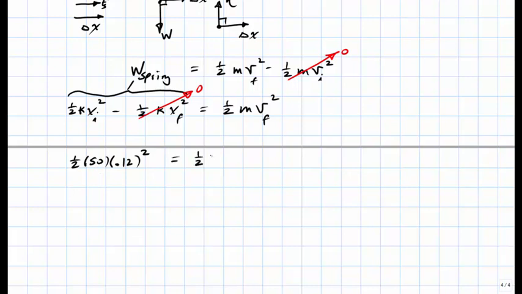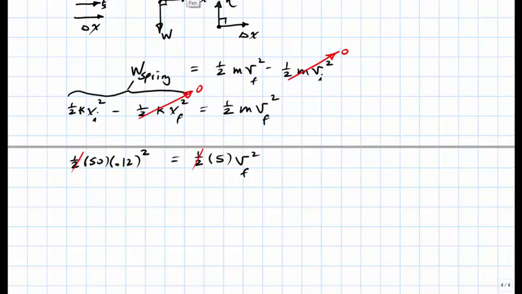That will equal 1/2. The mass of the object is 5 kilograms, and we're trying to solve for the final velocity, and you can see that this is a relatively simple process. First of all, we can note that the 1/2 cancels because there's a 1/2 attached to both of these terms.